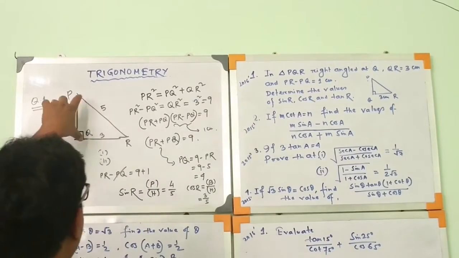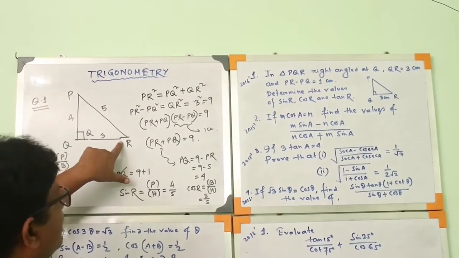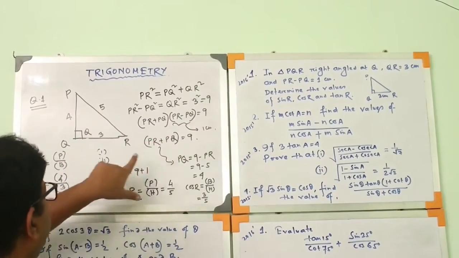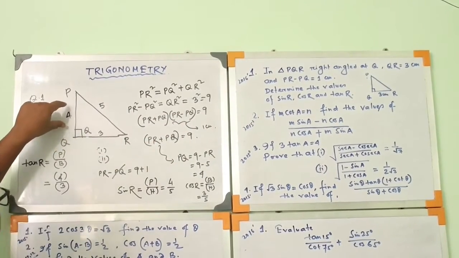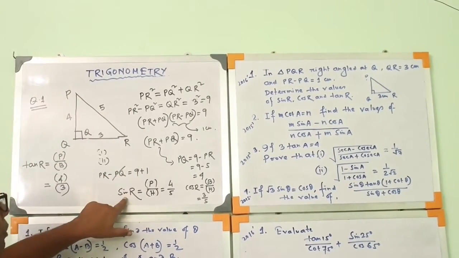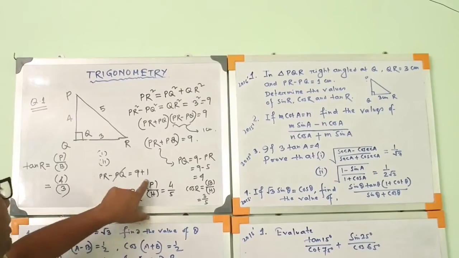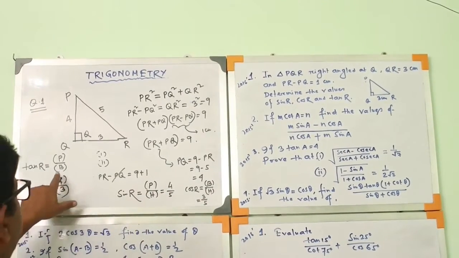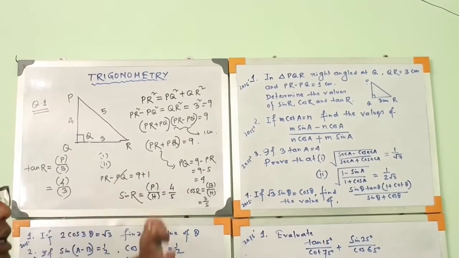So PQR is the right angle triangle where R is the angle of reference. From these two equations, at first you have to find out the perpendicular, height and hypotenuse, and after that by formula sin R is equal to P by H, cos R is equal to B by H, and tan R is equal to P by B. By putting these values, we can easily get the result.